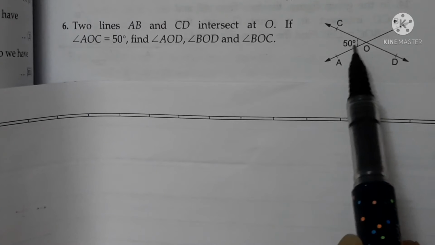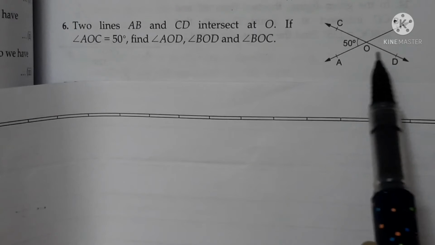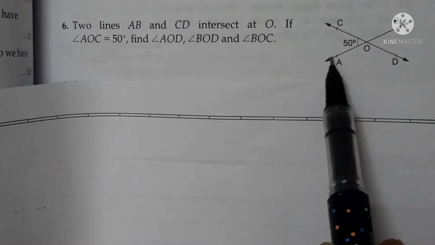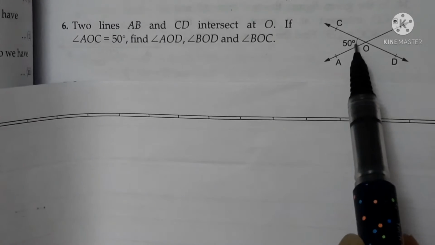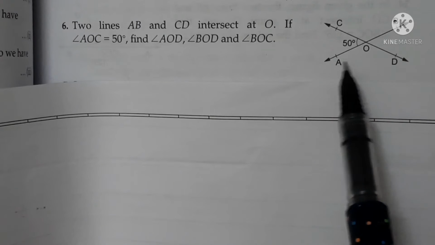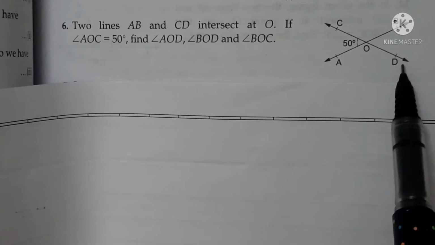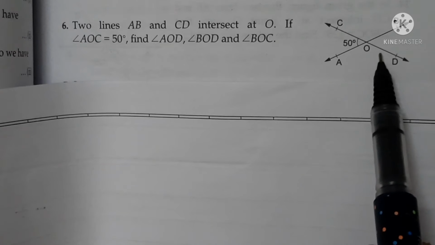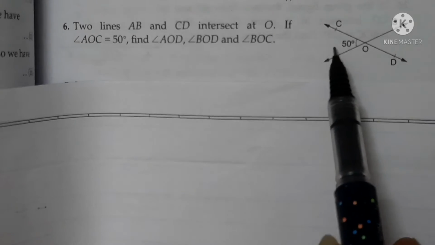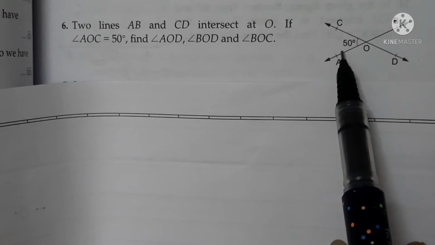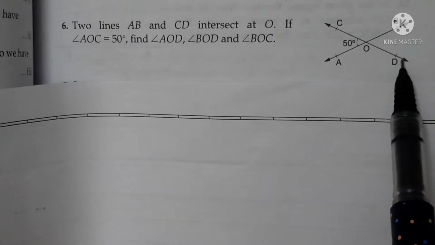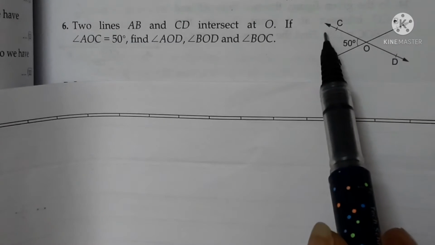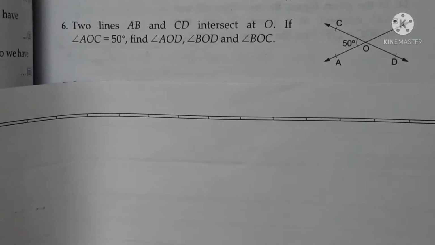You can do it by a linear pair, because ray OA stands on line CD, and the sum of this angle 50 degree plus angle AOD is equal to 180 degree. Solve it, you will get this value, and use the vertically opposite angles are equal. So angle AOC should be equal to angle BOD and angle AOD is equal to angle BOC. Reasons you also have to mention.